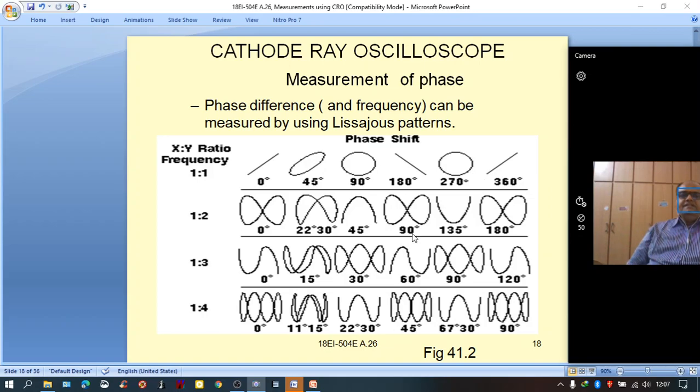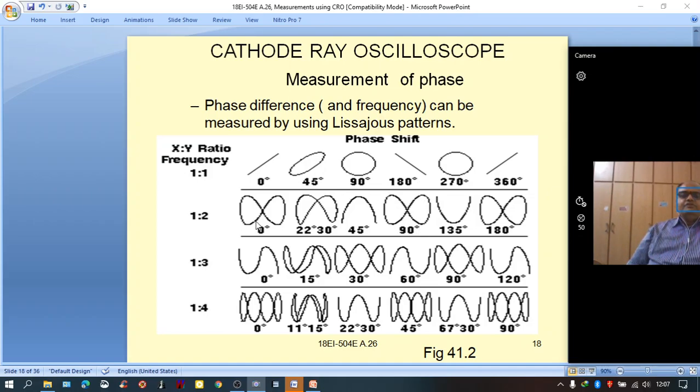For 90 degrees it would be almost similar to 0, but the only thing is the movement would be different. What we say, the electron beam moving would be different. In this case, if it is moving in this direction, in this case it would be moving in the opposite direction.